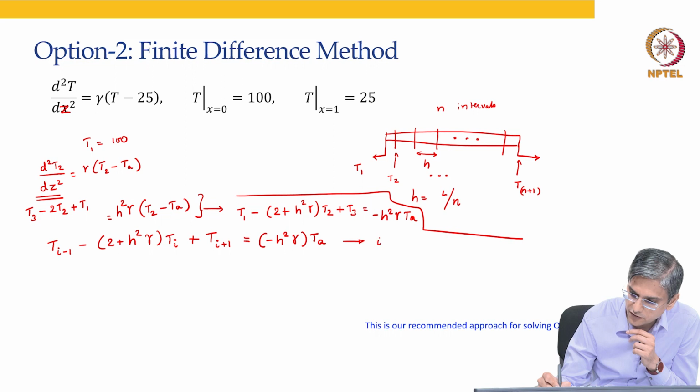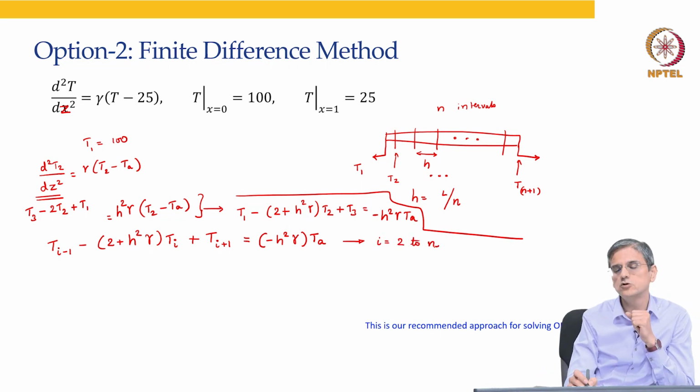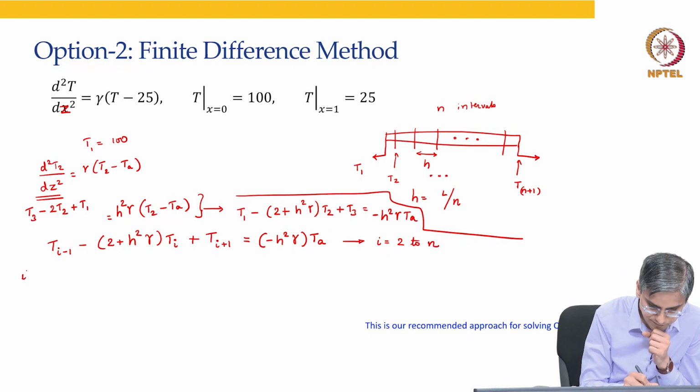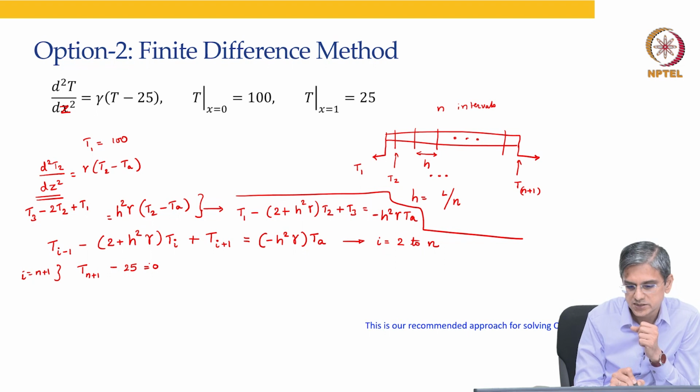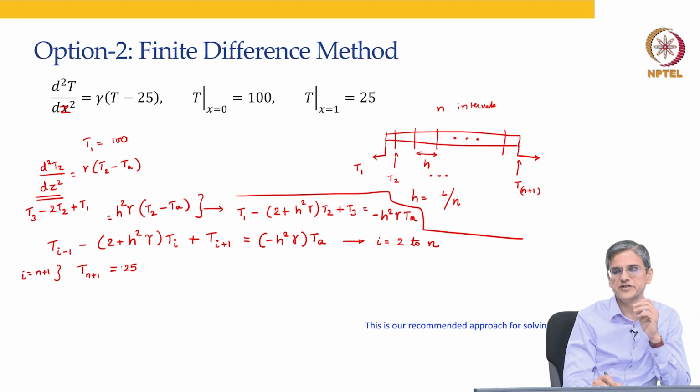This is valid for i equal to 2 to n. At n plus 1, T n plus 1 minus 25 equal to 0, or T n plus 1 equal to 25. Okay.